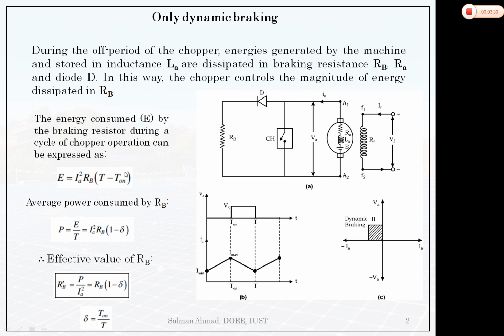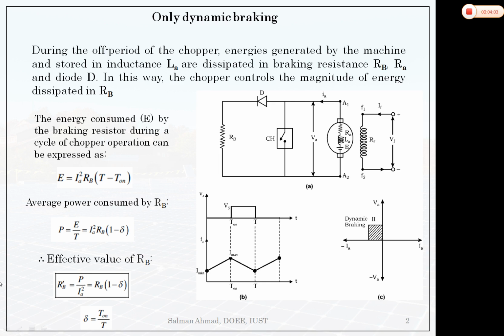Okay, if you want to calculate average power consumed by RB, we have to divide by the total time period. So whatever energy we are getting divided by time will give us the average power dissipated in this braking resistor. Okay, so divide this expression by the total time period. So we are getting Ia square RB times T minus T on upon T. T on upon T we can define as duty cycle, that is represented with delta.